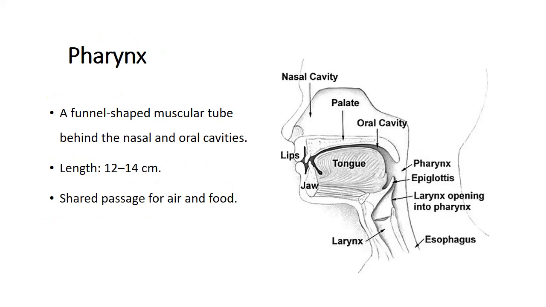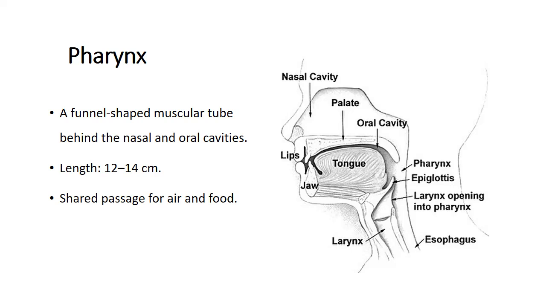The pharynx is a funnel-shaped fibromuscular tube situated behind the nasal and oral cavities. It begins at the base of the skull and extends inferiorly to the level of the sixth cervical vertebra, where it continues as the esophagus. In adults, it measures approximately 12 to 14 centimeters in length.